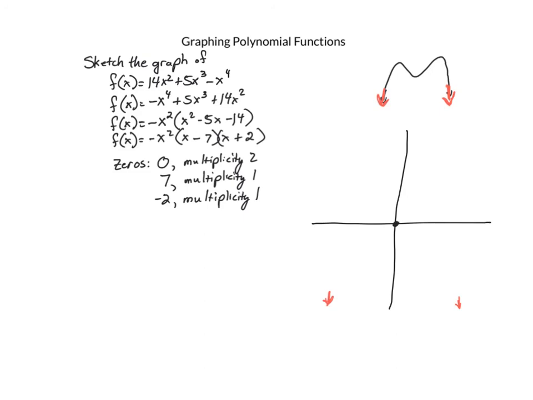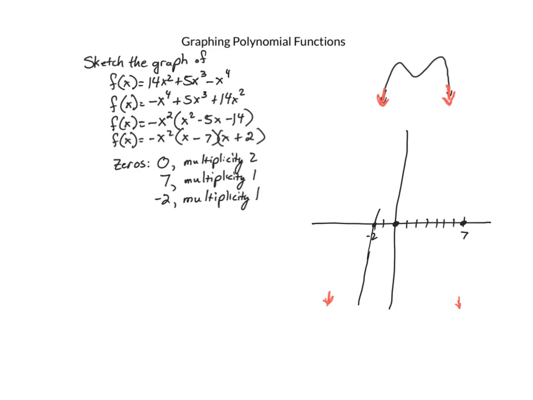We have negative 2. And we have 7. So here we go. Let's see. I'm going to start down here at the lower left. I know I'm going to cross negative 2 in a linear fashion because it's a multiplicity 1. Of course, it's not a line, but it kind of looks like it goes through as a line.